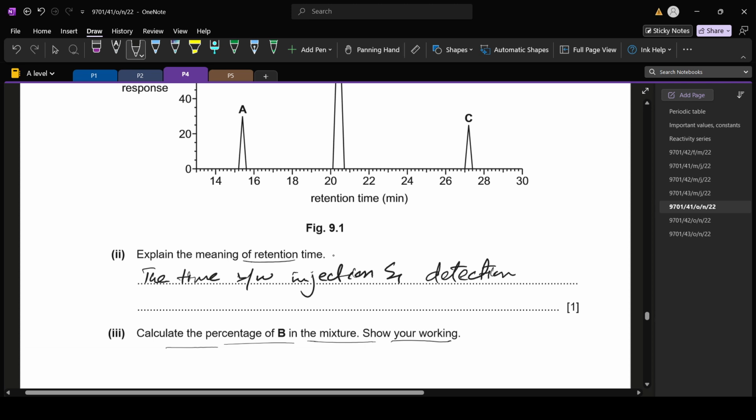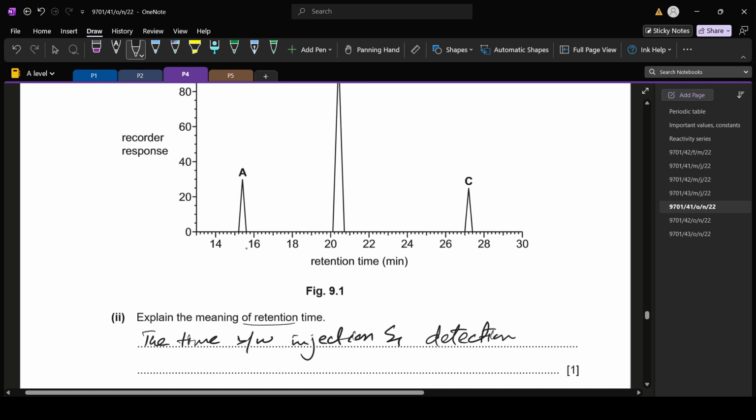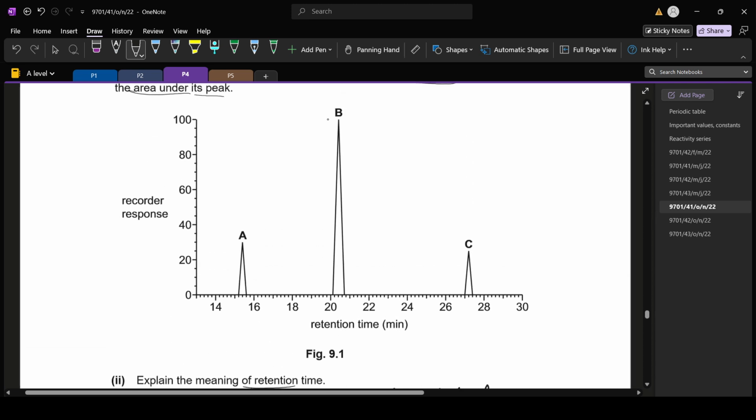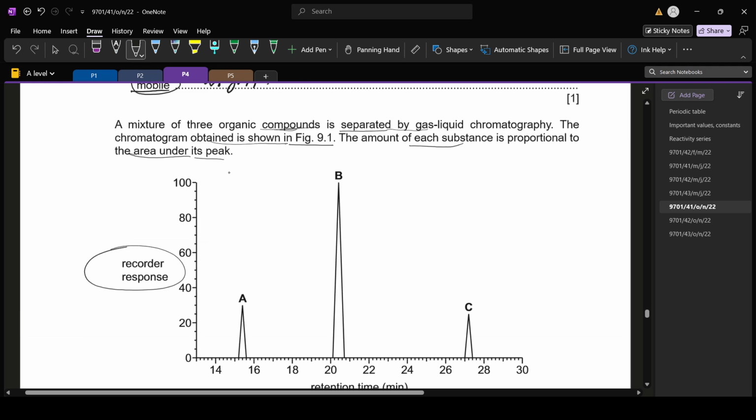Show your working. You can calculate this using the recorded response as the amount. Let's say B has an amount of 100, A has an amount of 30, and C has an amount of 25.